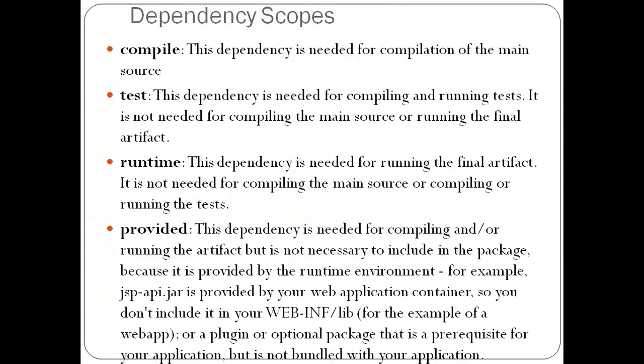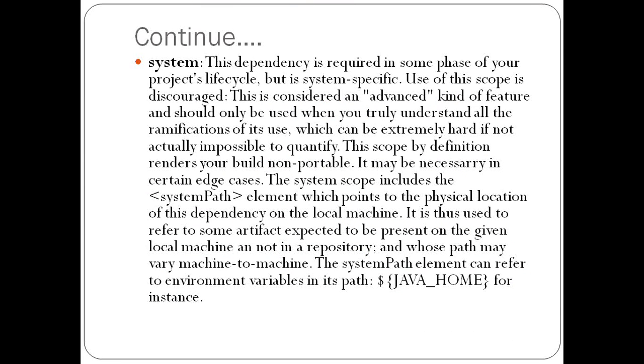We need not pack these jars with our WAR file. So at that time we make the scope provided. While compiling it will put it in the classpath, but it will not package it in the WAR file.